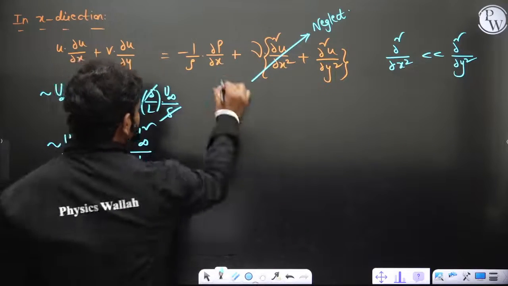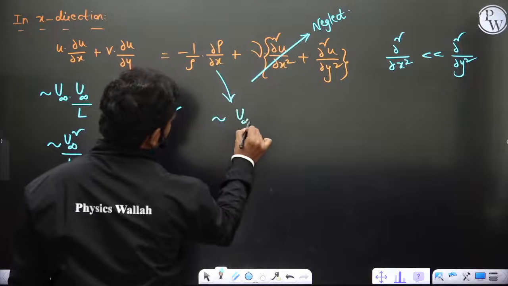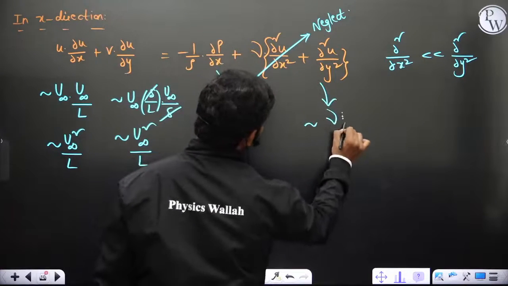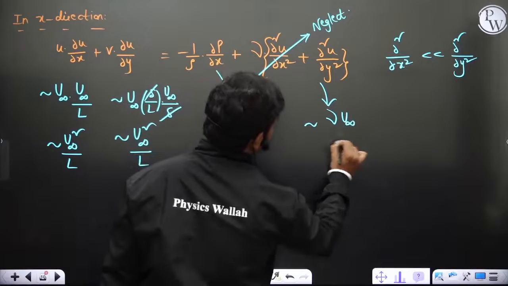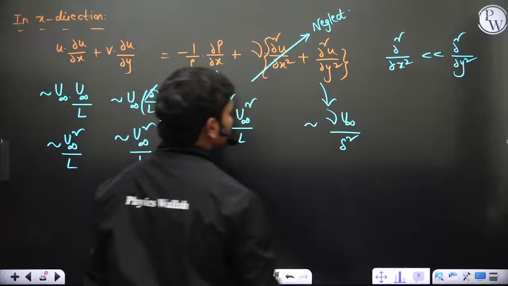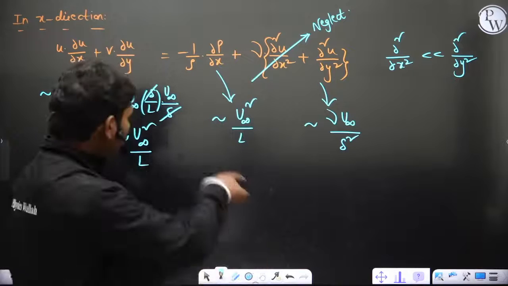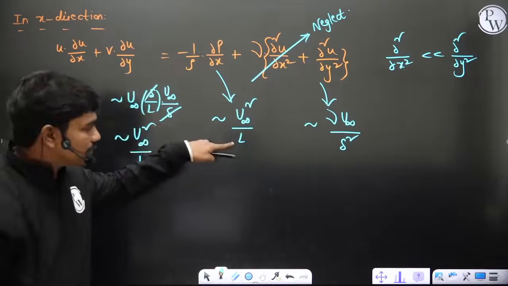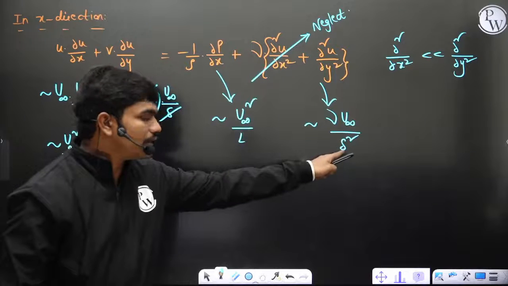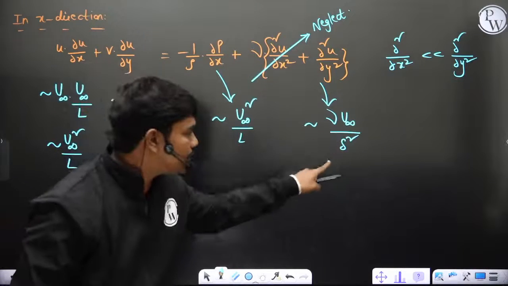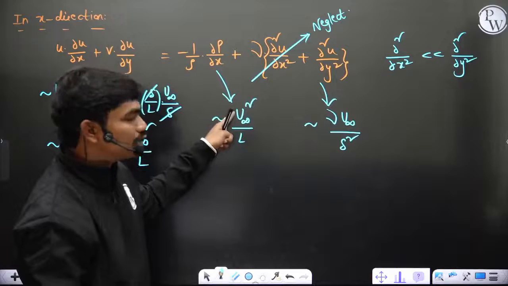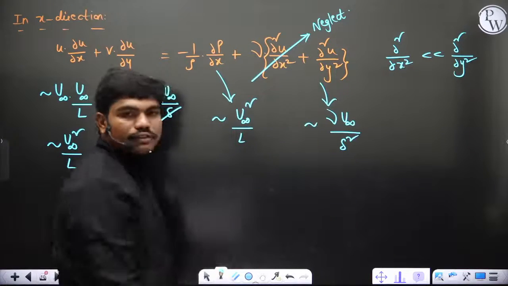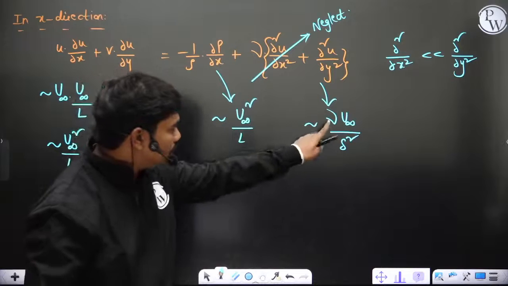This can be scaled to u infinity square by L, and this can be scaled to nu u infinity by delta square. You may feel that because of this delta square the value can be much smaller compared to this, but you don't have a square in the top, and also you have kinematic viscosity, so you can see nothing can be eliminated.